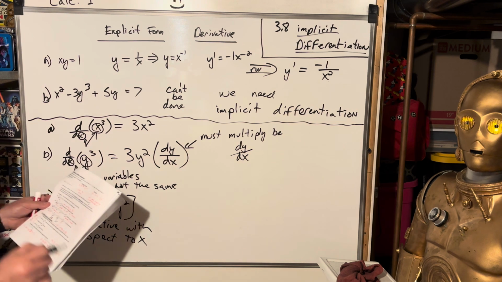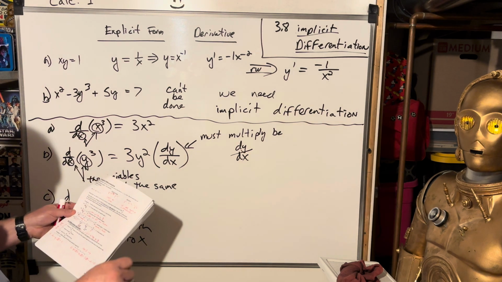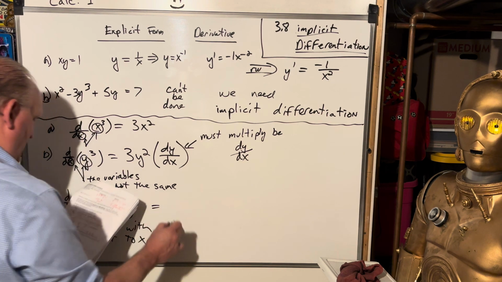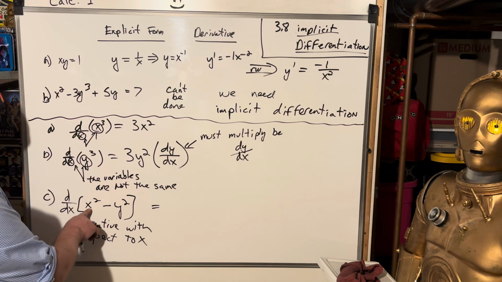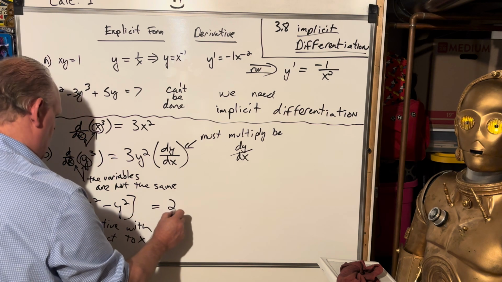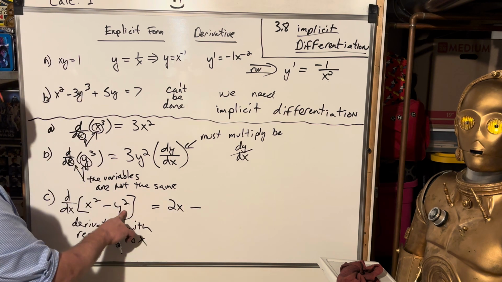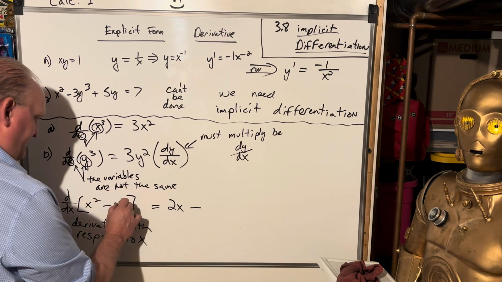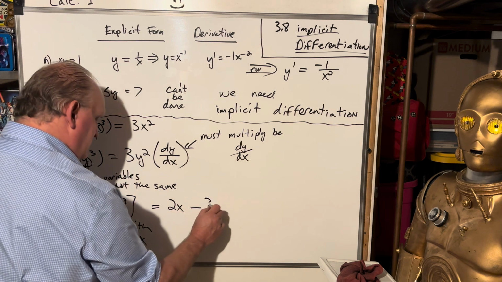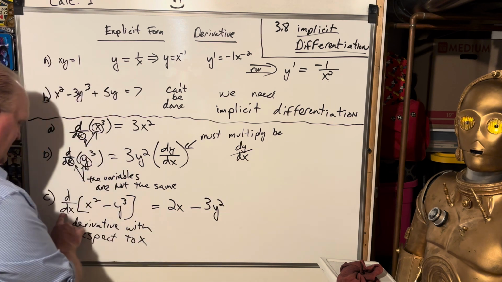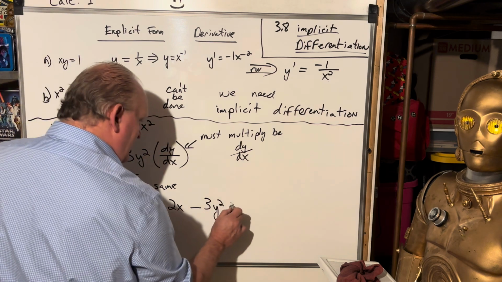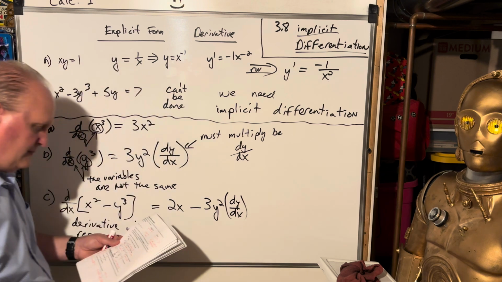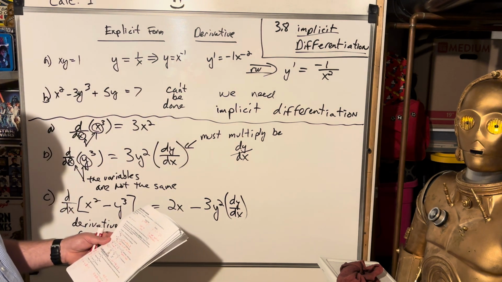They have d dx of x squared minus d dx of y cubed. We do the derivative of this and they match, so it's just 2x minus, we do the derivative of that, that was a 3 though, I think. Yeah, that's 3y squared, but because the dx doesn't match with the y, we have to go dy dx after, and so we multiply that term.